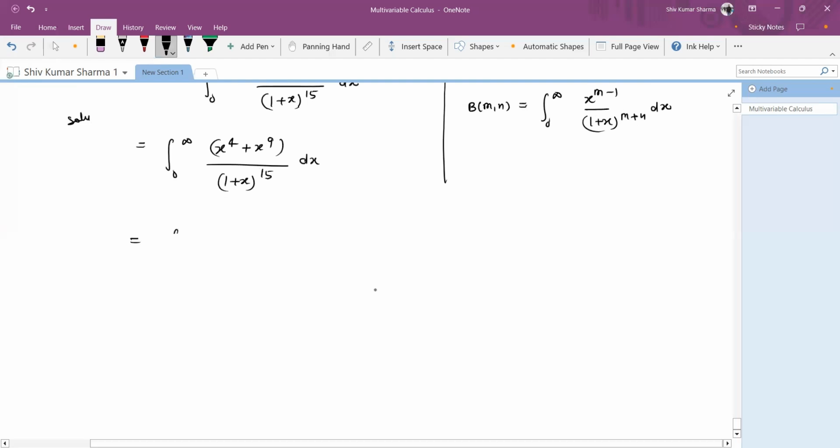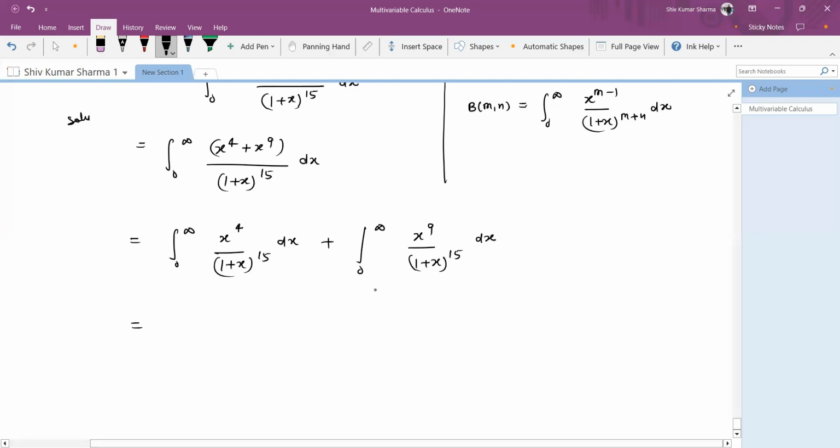We write the integral in separate form: integral of x raised to the power 4 upon 1 plus x raised to the power 15 into dx, plus the second integral from 0 to infinity of x raised to the power 9 upon 1 plus x raised to the power 15 into dx.